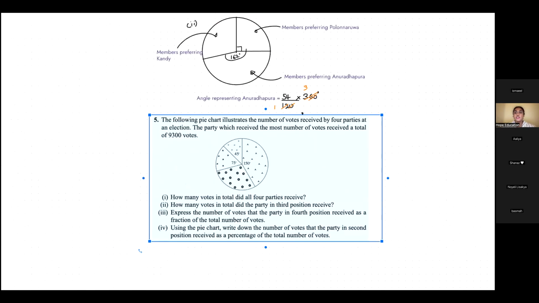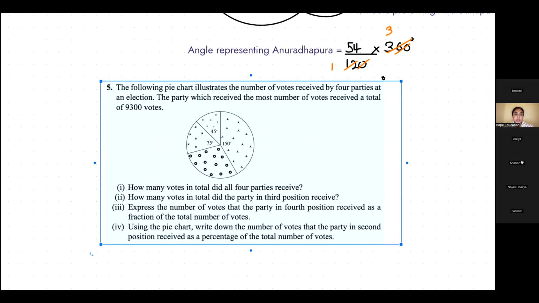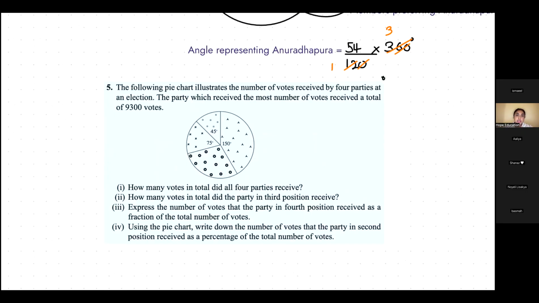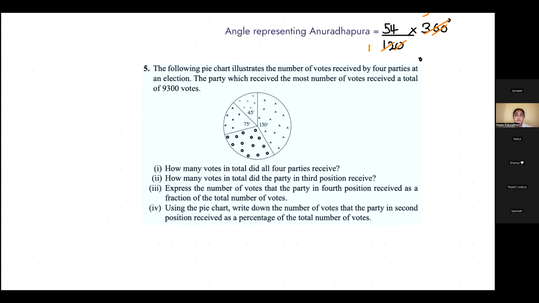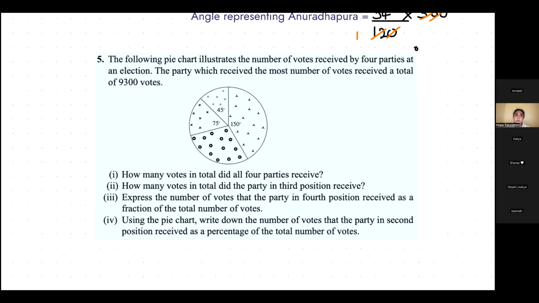All right. The following pie chart illustrates the number of votes received by 4 parties at an election. The party which received the most number of votes received 9,300 votes.